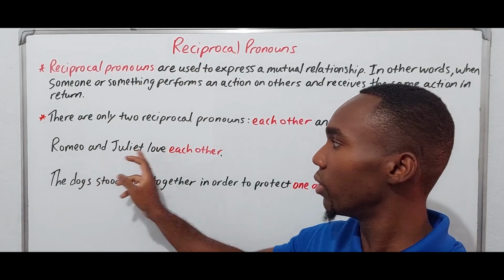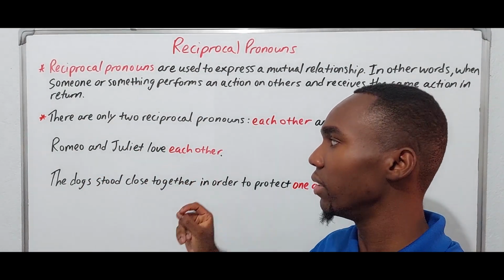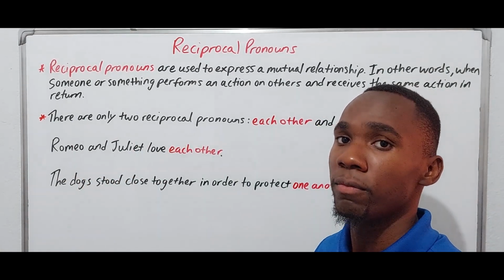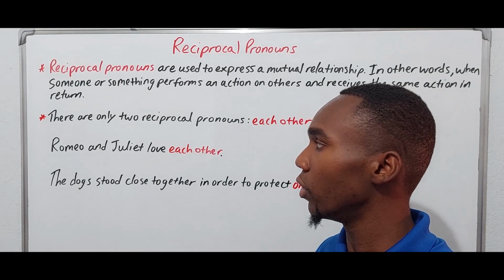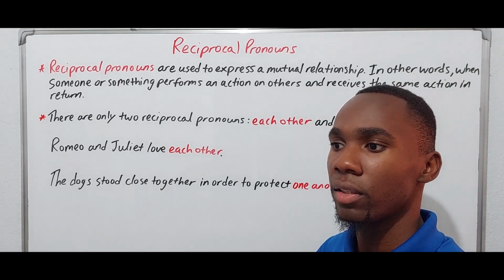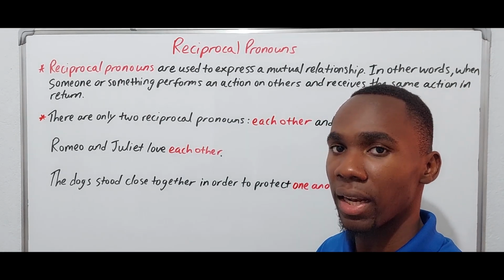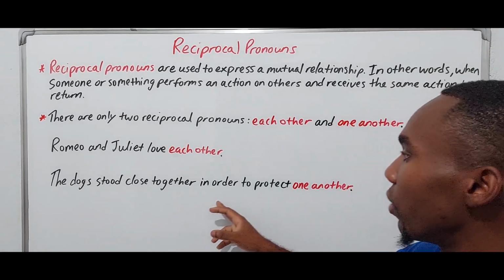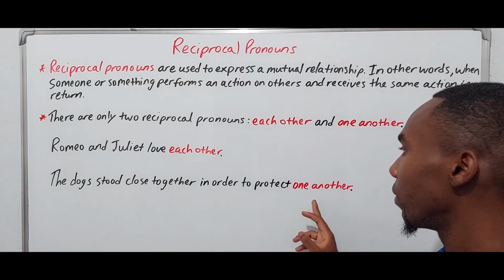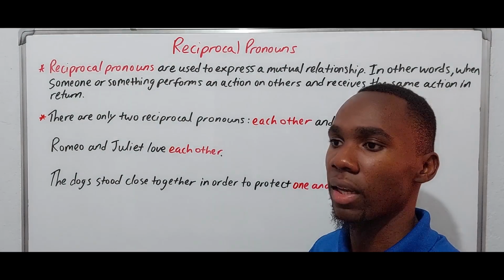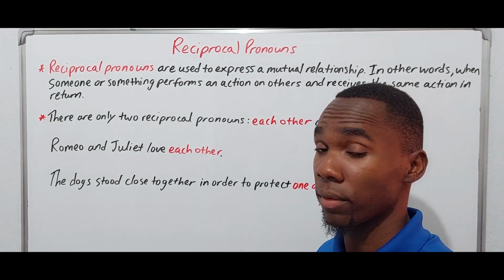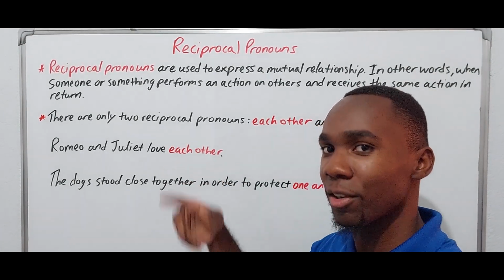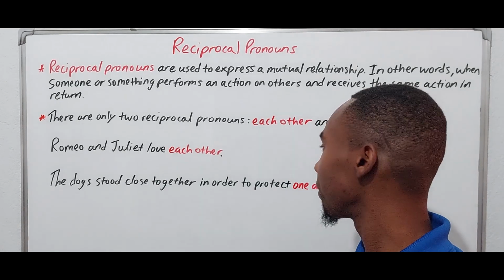So Romeo and Juliet love each other. Each other means that Romeo loves Juliet and vice versa. Simple. Right? So the person performing the action will also receive that action. The dogs stood close together in order to protect one another. Same thing, one another means that the dogs looked out for each other. And then we have to use another reciprocal pronoun, right?